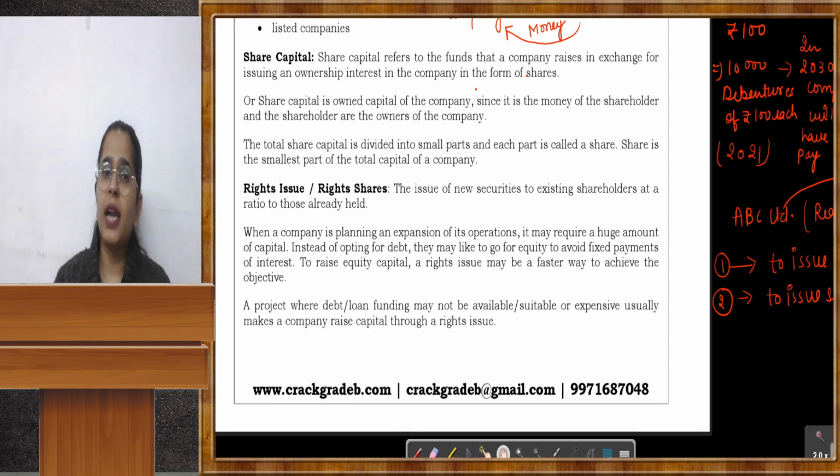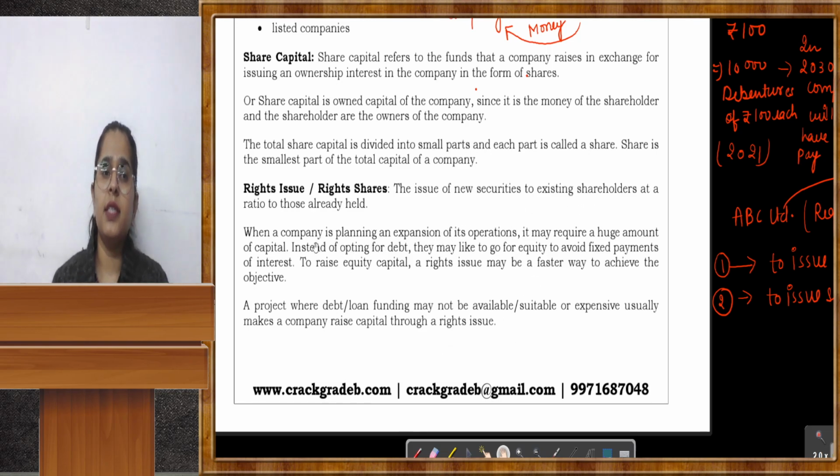So for that it needs funds. It has two options. The first option is it can go to the general public and issue shares, and the next option is it can go to existing shareholders and issue shares. So both the options are available.